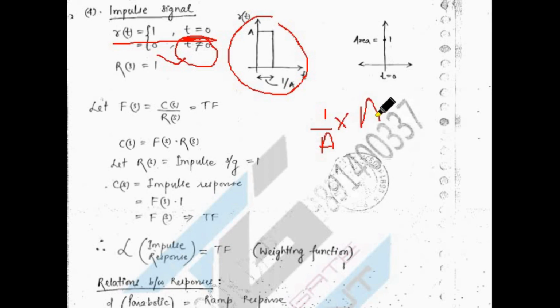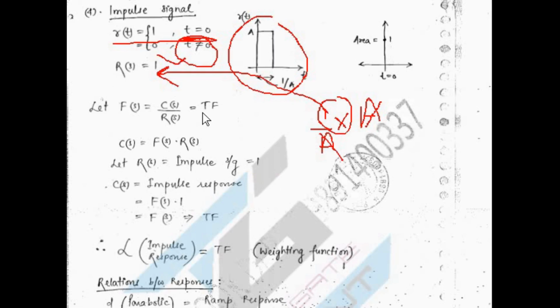Now I will explain the importance of this impulse function. If you are feeding any system, a control system, with an impulse function, then the output of that system is nothing but the representation of the transfer function. This is your transfer function: c of s divided by r of s is equal to f of s.